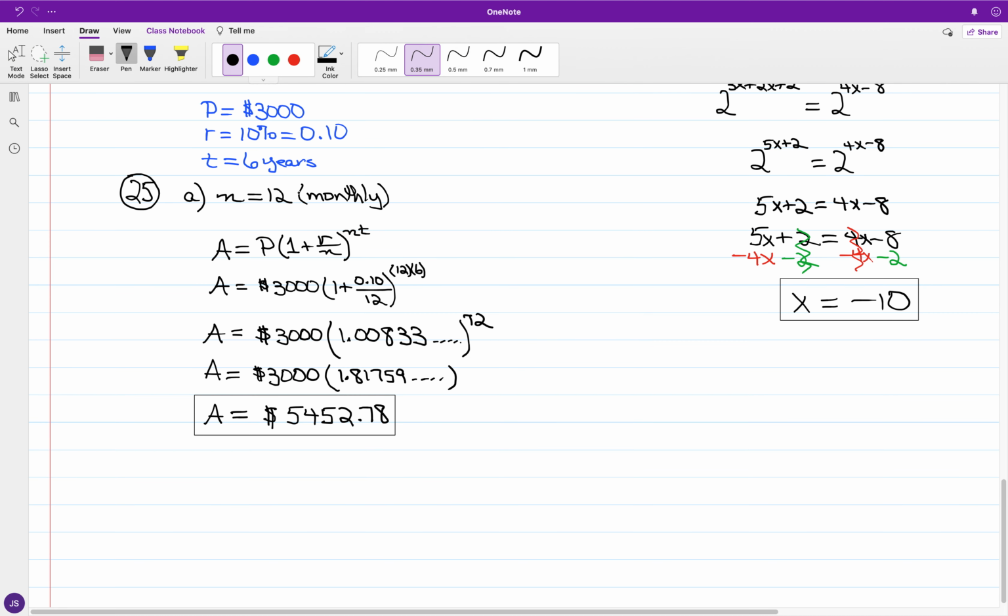And with the continuous compounding, again, you have n approaching infinity, and this formula is going to change over to A is equal to P times the natural logarithmic base e raised to the r times t power. Okay. And so with P, again we have $3,000.